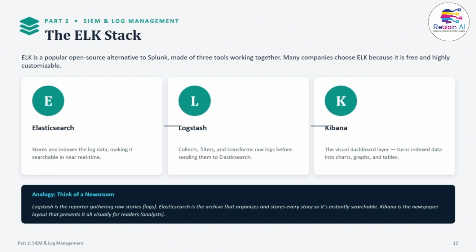Kibana is the actual printed newspaper layout, that is, the final visual product that readers, our analysts, actually look at. Just like Splunk, data flows through ELK in a pipeline. Raw logs go into Logstash. Logstash cleans and forwards them to Elasticsearch, and Kibana sits on top to visualize everything. Let's go further.